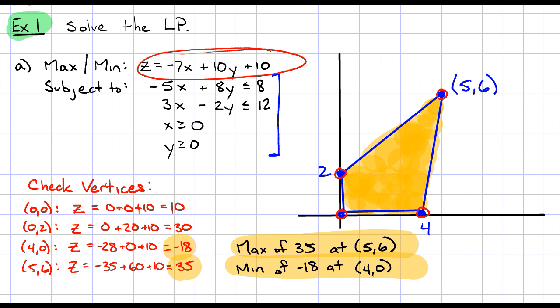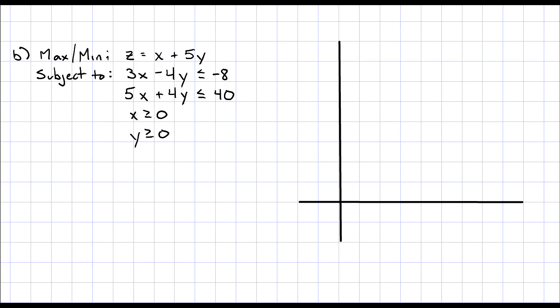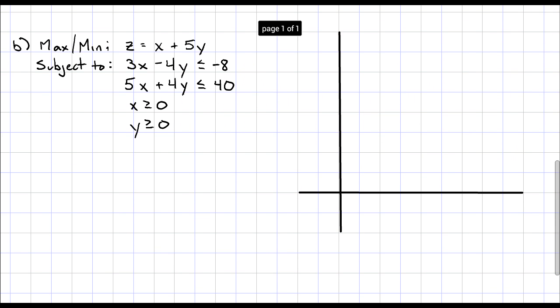Let's take a look at another one. Just like before, this linear program consists of an objective function as well as constraints. And just like before, I'm going to begin by ignoring my objective function and just sketching out the region determined by my constraints.